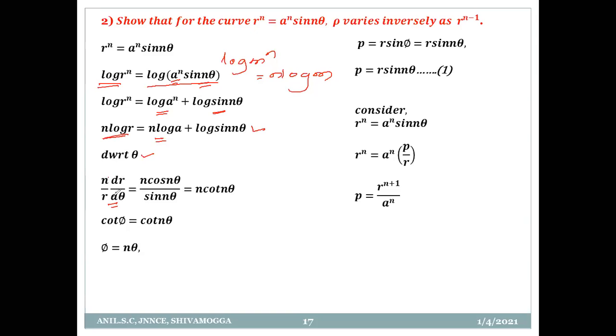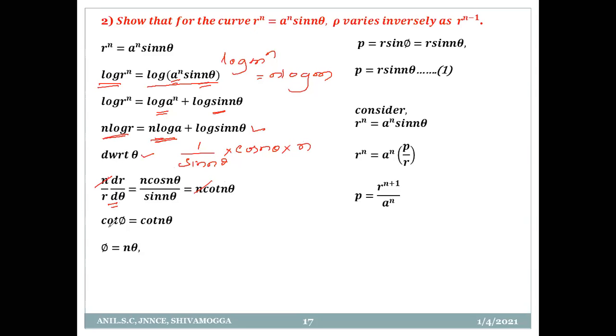So n by r into dr by d theta is equal to n log a, which is a constant, so its derivative is 0, plus the derivative of log sine n theta, which is 1 over sine n theta into cos n theta into n. Therefore, n cos n theta divided by sine n theta can be written as n cot n theta, since cos by sine is cot. Now cancel this n with this n.